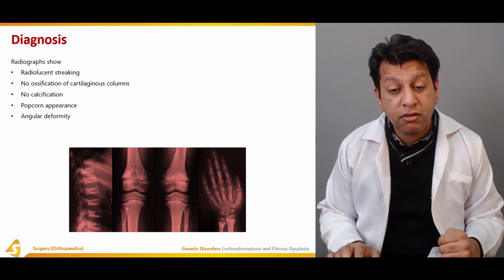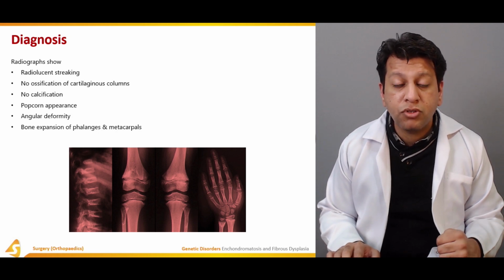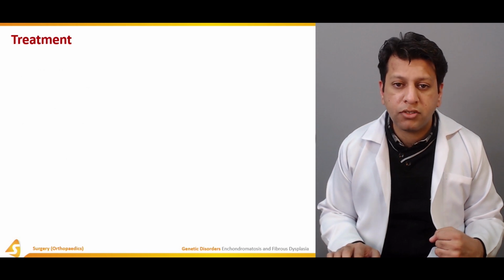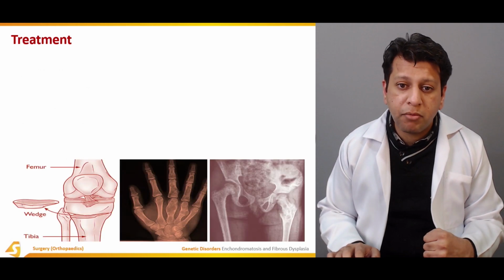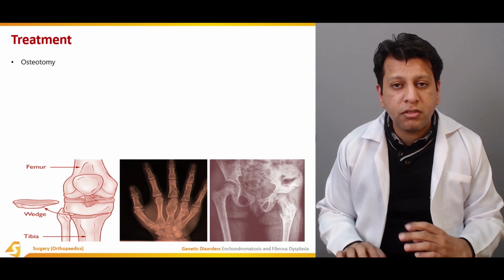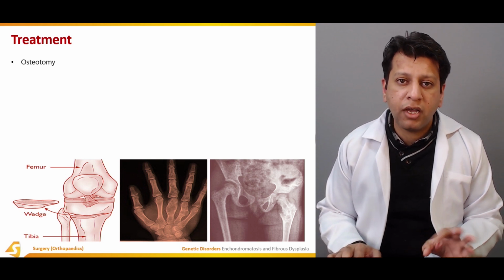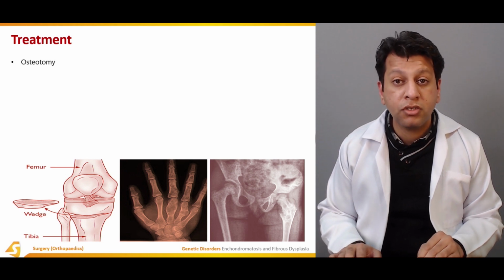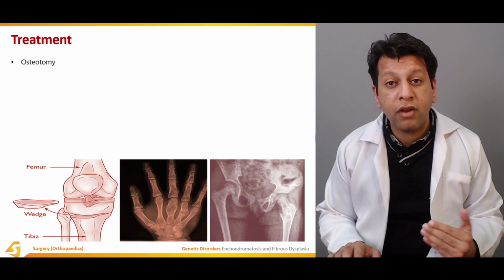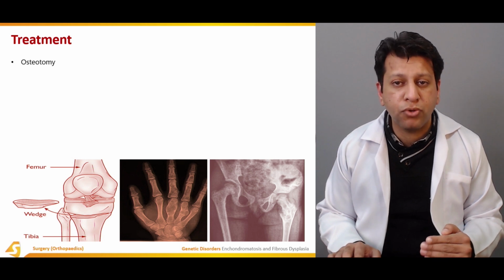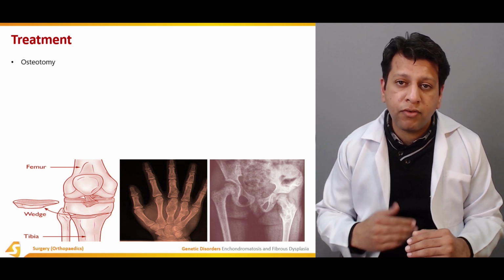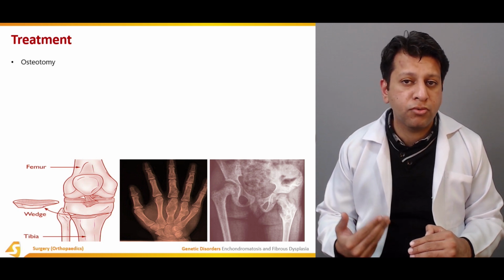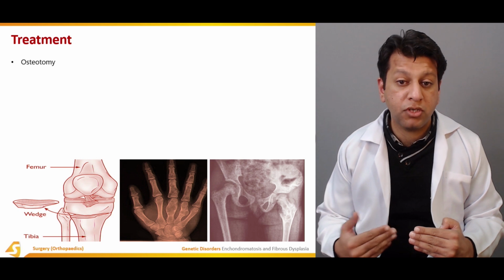They may present with angular deformity and bone expansion, and the phalanges and metacarpals can be seen on the x-rays. Treatment depends on the presentation. If it's isolated, it can usually be dealt with intralesional curettage, extensive curettage, and then bone grafting. If the whole cavity is removed, it is filled with bone graft so that the bone can be stabilized.